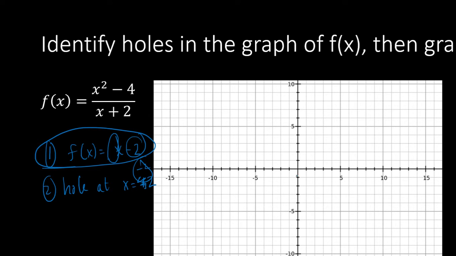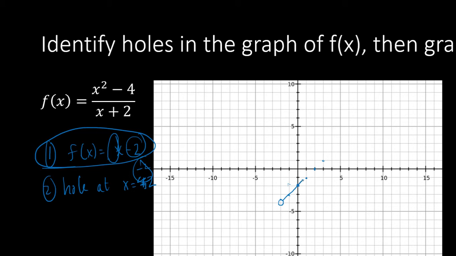So since b is equal to negative 2, I have a y-intercept here, and I'd follow the slope of positive 1 over 1, but I would skip over my hole where x equals negative 2. Meaning, I'd go up 1 over 1, here's a point, up 1 over 1, here's a point, and so on. But when x is equal to negative 2, which is right here, I would have a hole.